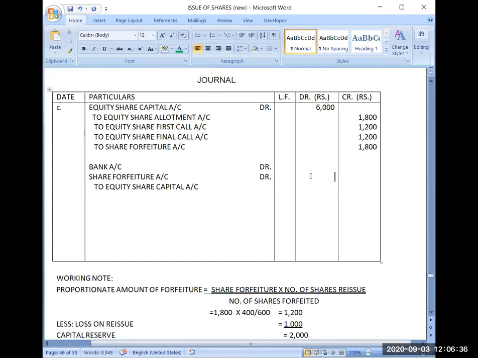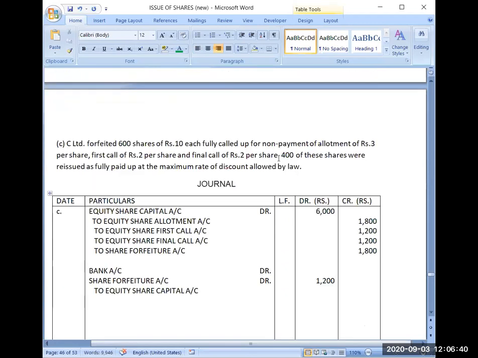So discount will be 1,200 first thing, because you have given maximum discount allowed by the law. And you have to make the capital fully paid up, because I am reissuing 400 shares. So 400 multiplied by 10, so my capital will become 4,000. Yes, please.